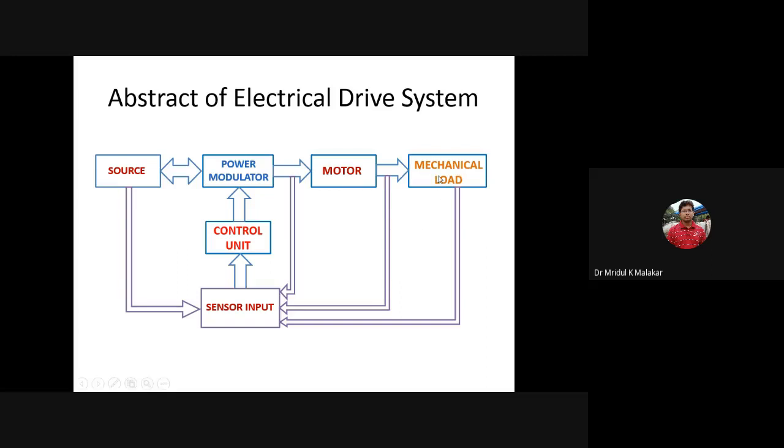If your application is a drilling machine application or industrial application, you know the range of the mechanical load. But if it is an electric vehicle, you don't know the mechanical load, because it completely depends on the road profile. Like if you are driving on a Chandigarh road, it is an absolutely fine road.